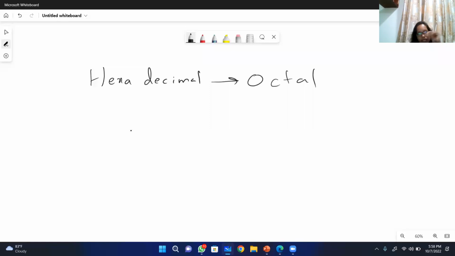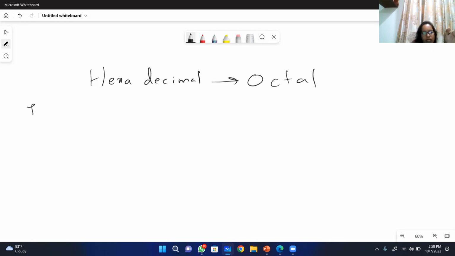But here, in the hexadecimal to octal conversion, as well as the opposite, octal to hexadecimal, we don't have shortcuts. Definitely, we have to go through 3 steps, right?